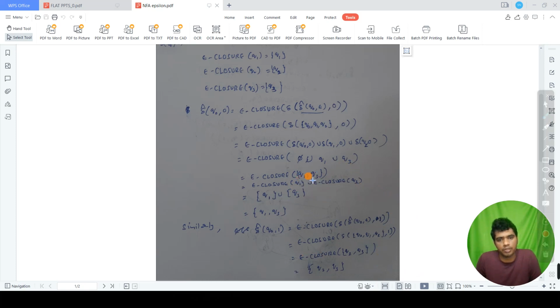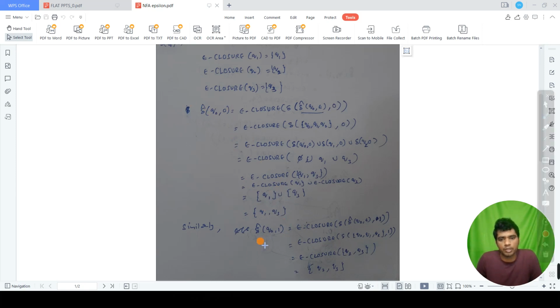So again now apply epsilon closure on Q1, Q3. So you'll get epsilon closure of Q1, which we have already computed, is Q1, and epsilon closure of Q3 is Q3. So you'll get Q1 union Q3. So you'll get Q1, Q3. This is the new state. Okay. And then that means Q naught on 0 we go, there are two transitions from Q naught on 0. One is Q1 and another one is Q3.